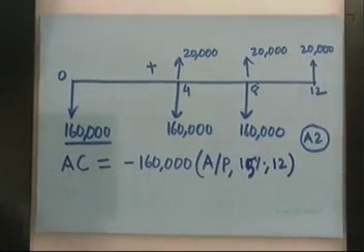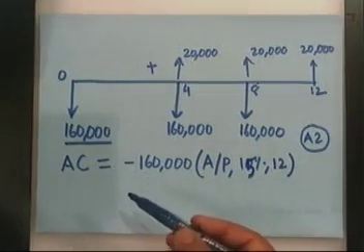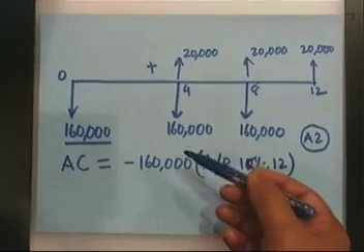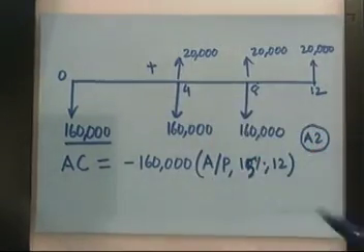So, what does this mean? This 160,000 initial investment, I am trying to annualize it every year for the next 12 years, which means what amount to be paid every year for the next 12 years would be equivalent to 160,000 now.